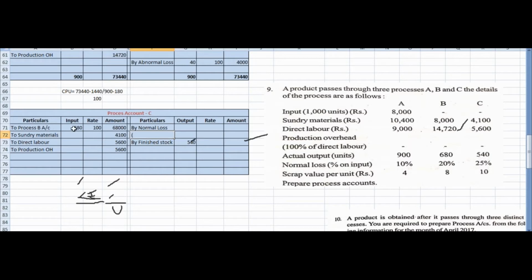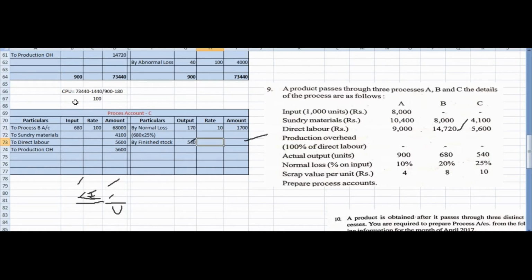Your 680 is the input here. 680 into 25% is 170. What is the rate for 170? 10 rupees there, 1,700. Now the question is over.